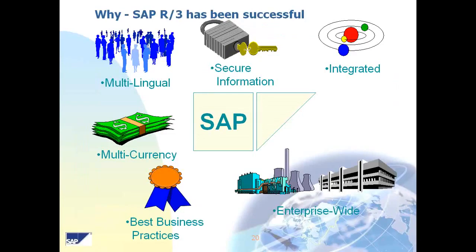It takes care of multiple currencies. For example, you post a transaction. SAP recommends best business practices available across the business. Enterprise-wide, you can use the SAP system. There are no limitations.